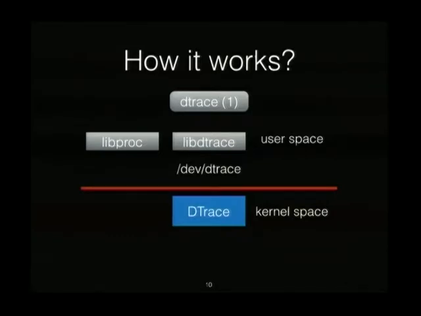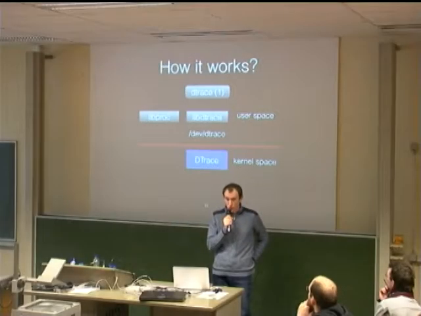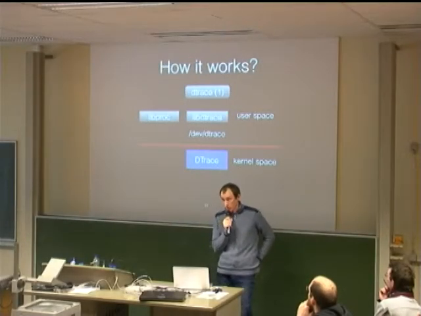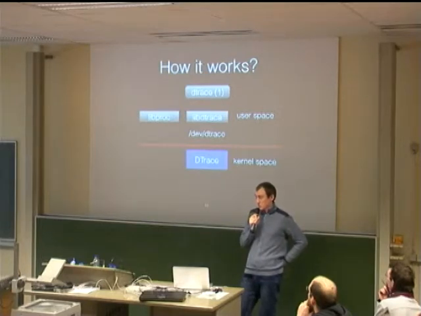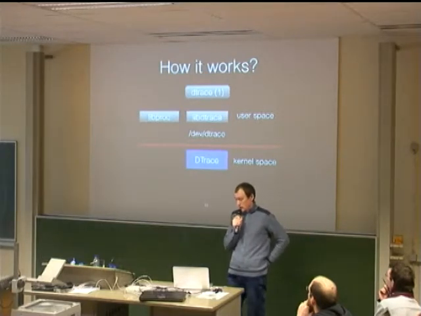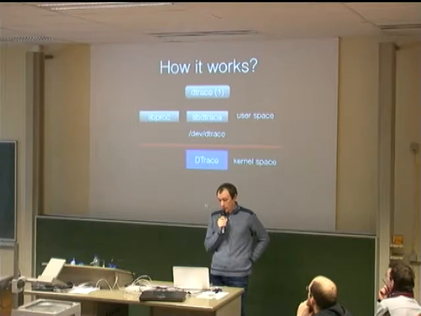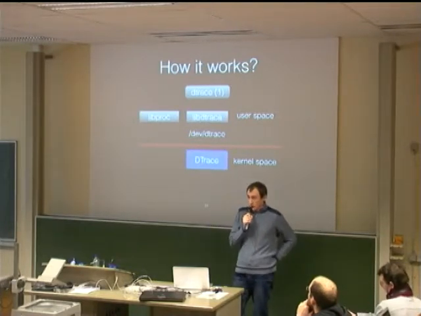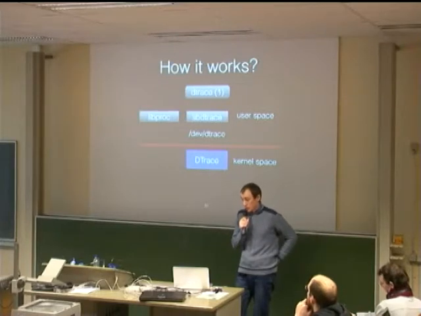It's a short scheme of how it works. In user space and kernel space, you have different kernel modules loaded in the kernel, and different providers also load in the kernel. They work via libdtrace and libproc and via the command line to dtrace.